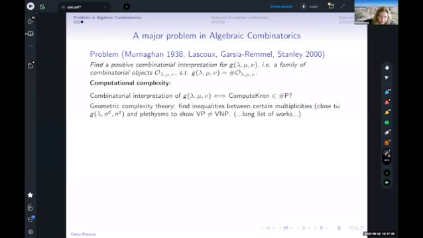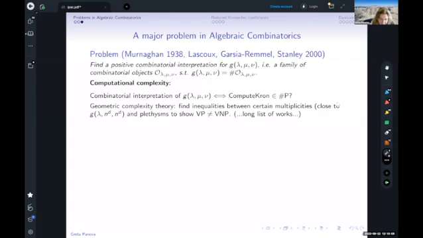On the other hand, as I just mentioned, geometric complexity theory is using these coefficients, very broadly speaking, to try to distinguish computational complexity classes. So this is the algebraic analog of P not equal to NP, maybe P not equal to VNP. And there is another area of research, separate, which we're not going to discuss.